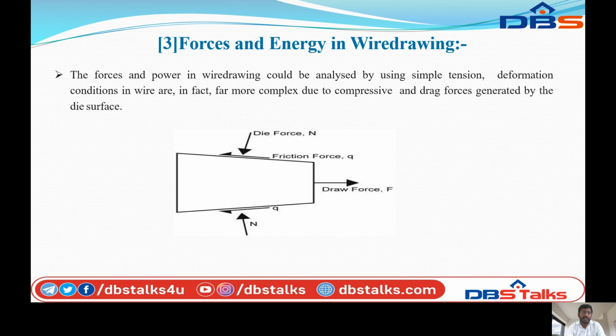Finally, the frictional force acts away from the draw force, and simultaneously a reverse frictional force is applied from the material of the product. The draw force is along the horizontal line.